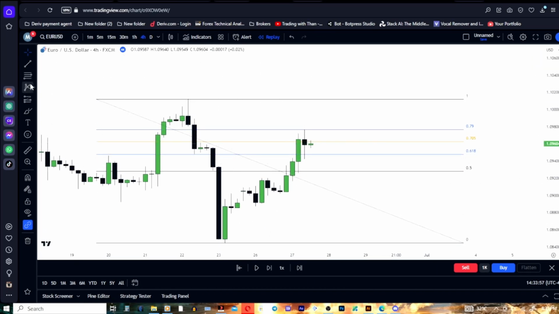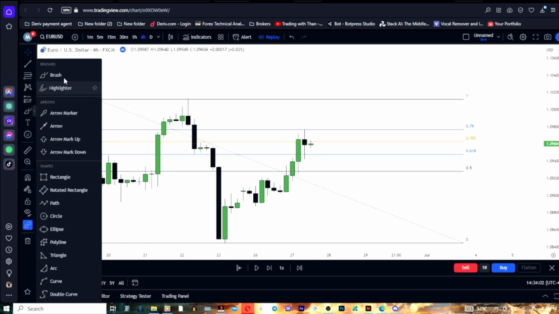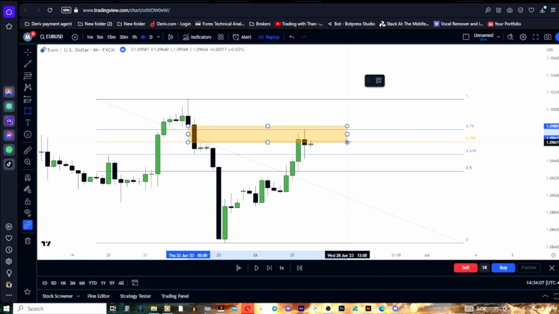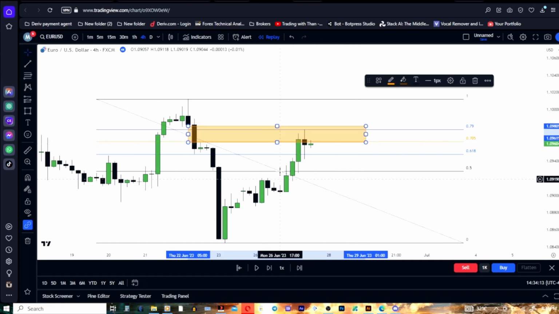As you can see here, the OTE, when we look to the side, we identify a fair value gap, which is within the OTE level. So we then can take a trade from that fair value gap.